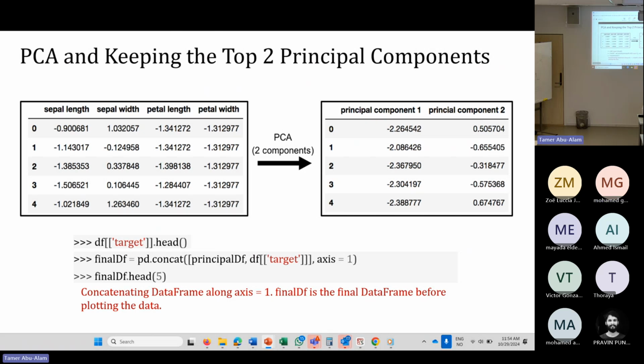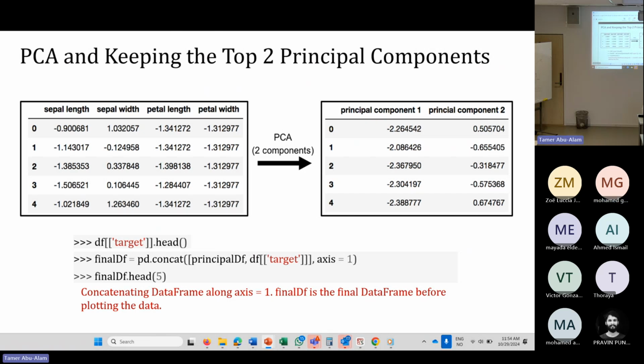Any answer from our colleague online? What we are doing here, final DF is equal to principal DF, target, X, 1. Anyone can contribute here?